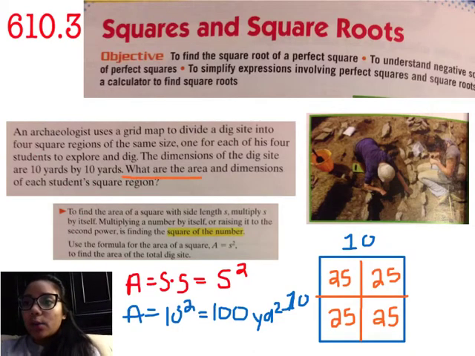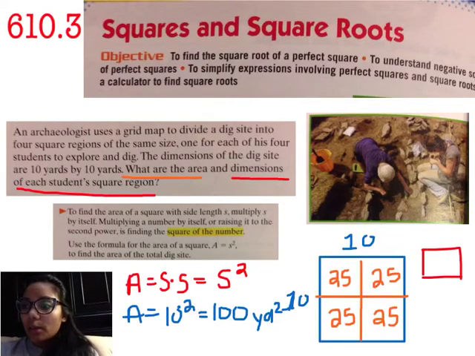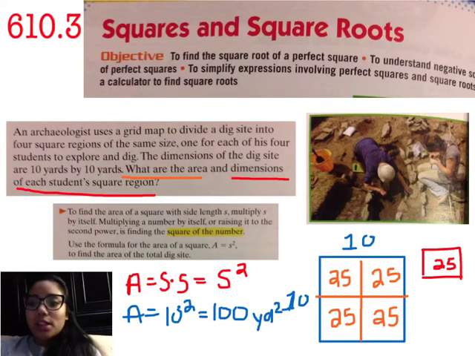But it's asking for what are the dimensions of each square region. So each student's square region is 25 square yards, that means I need to figure out what times what. The what's need to be the same number that will give me 25.